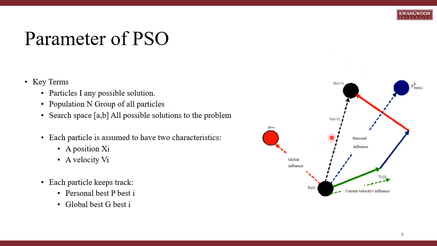To consider individual movement and global movement, we have the personal influence value, P best, and another value, the global influence, G best. Using those two values, we can refer to the optimization based on each iteration until the termination criterion is met.